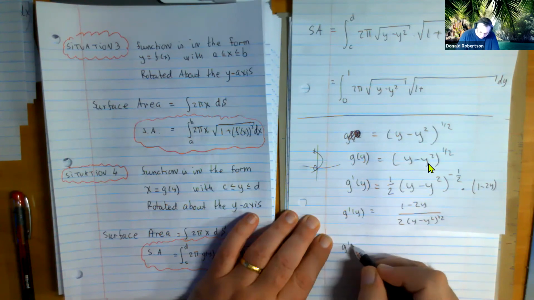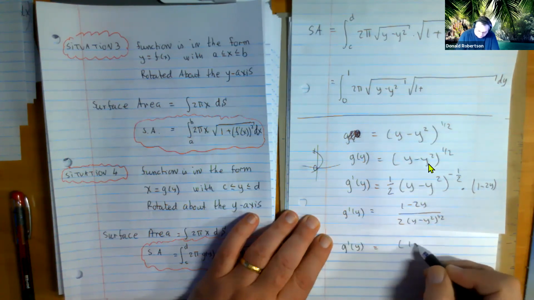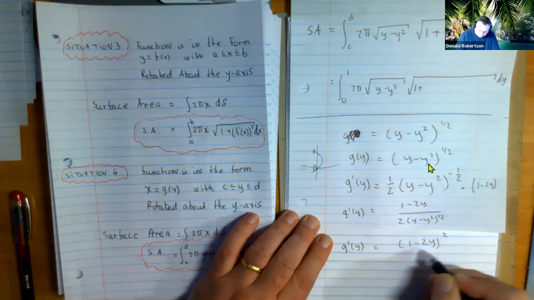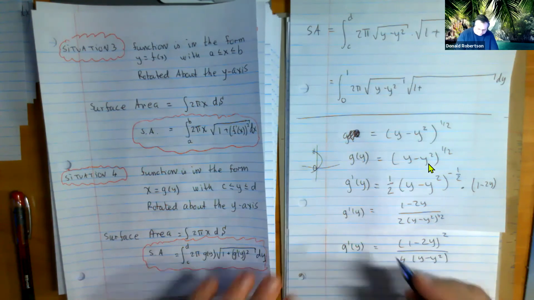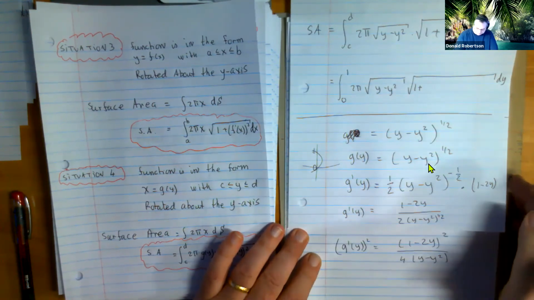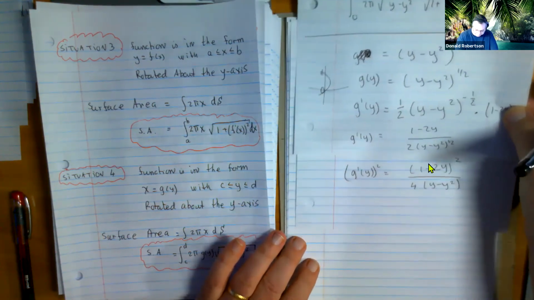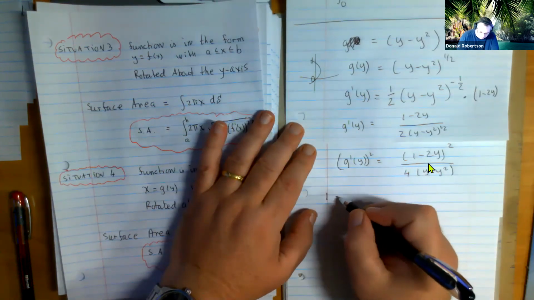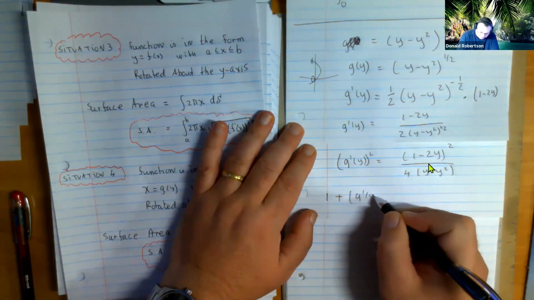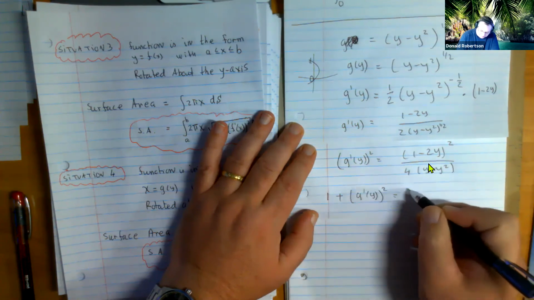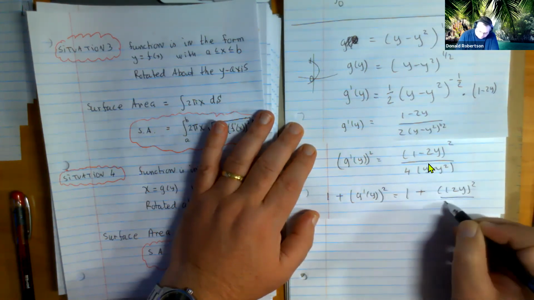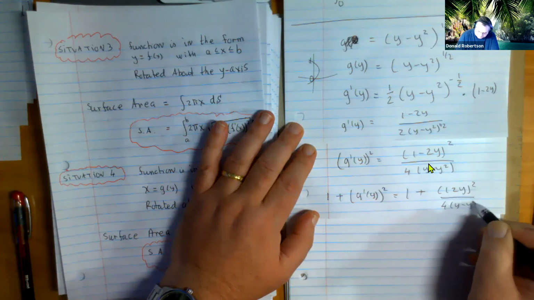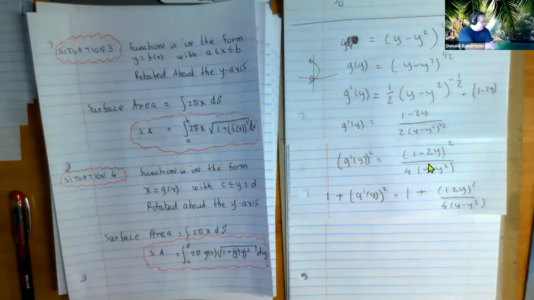Now if you square this guy, you're going to get this fella squared over 4 times y minus y squared. If you do 1 add this guy, you're going to have 1 add that guy.